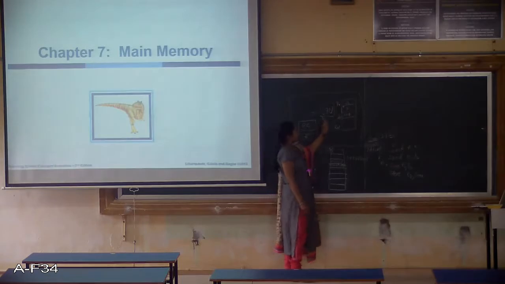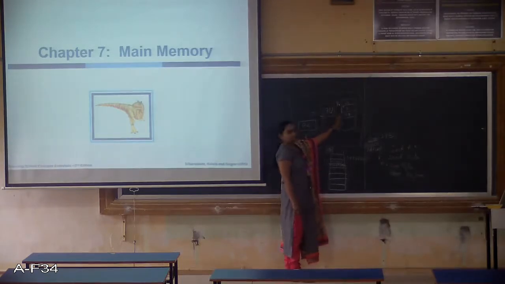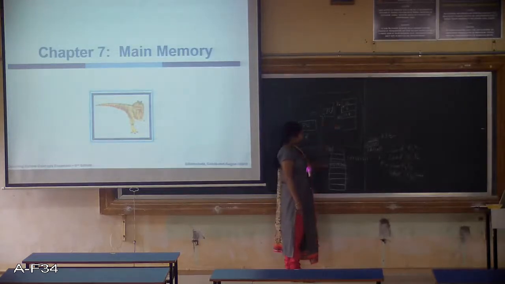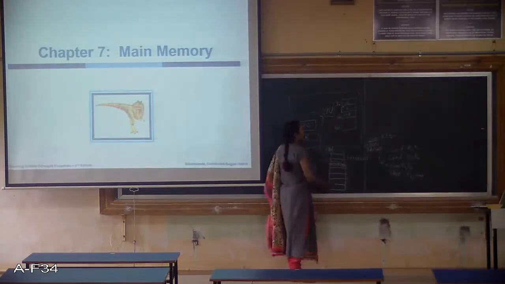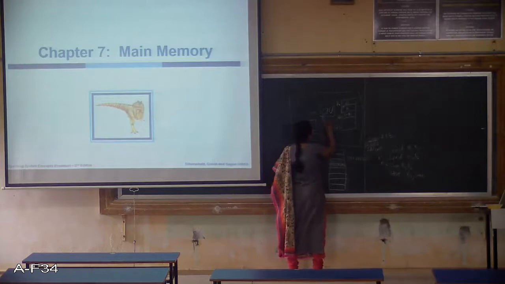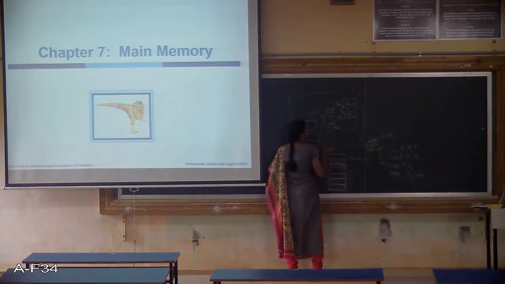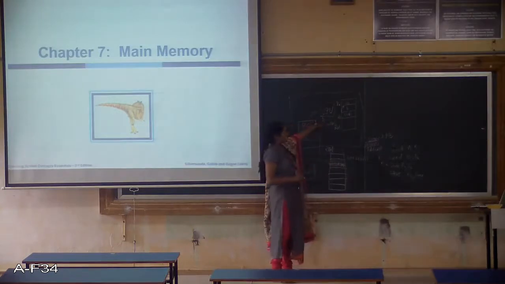The speed of accessing between the CPU and RAM is very fast compared to the disk. So what we can do is, the CPU uses the cache memory.